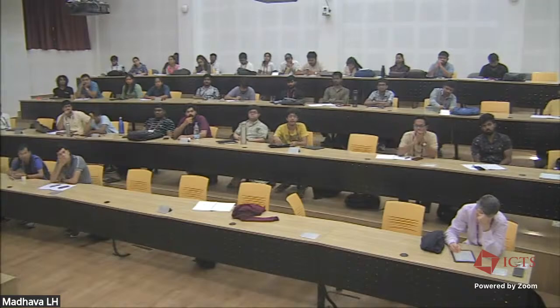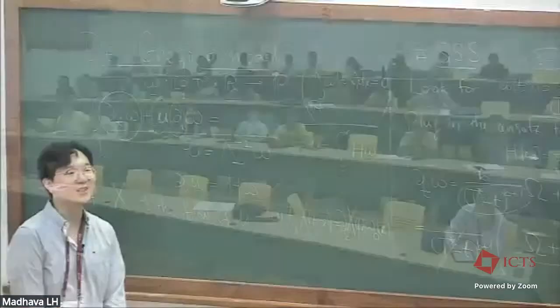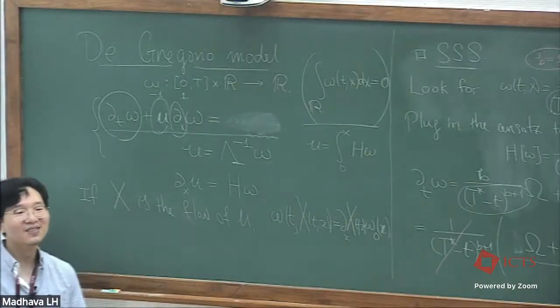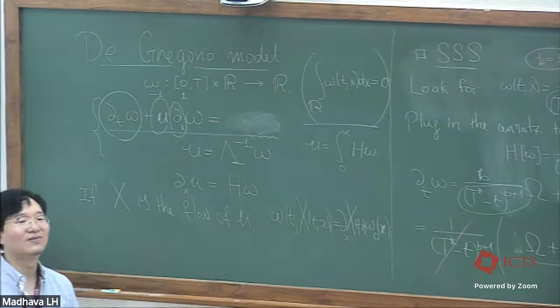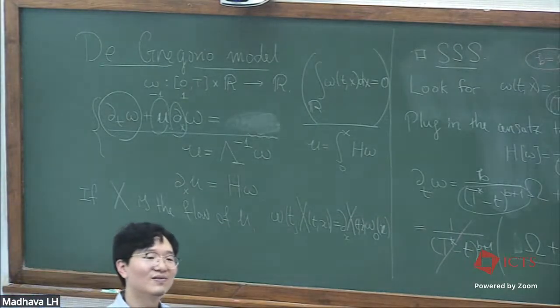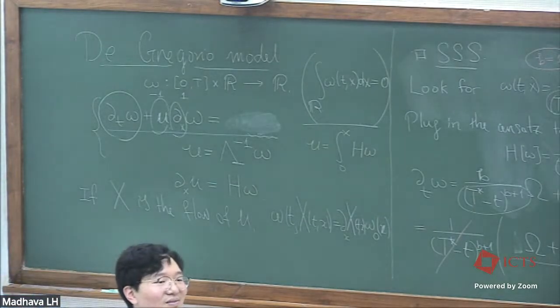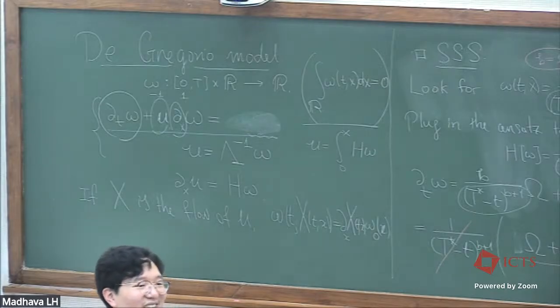2D? That's a good question. You can remove this term and say there is a model for 2D Euler. Maybe, yes.